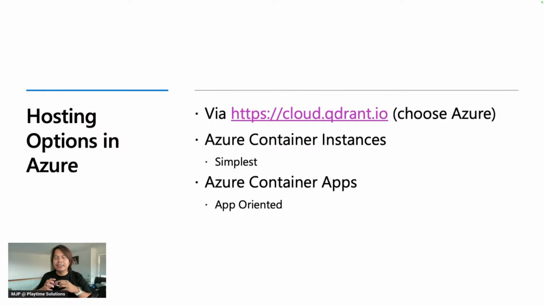Container Apps allows you to focus on a bunch of services. Let's say you have 5 microservices, and you want a separate container for Qdrant, another container for your product service, another container for billing service, and stuff like that.